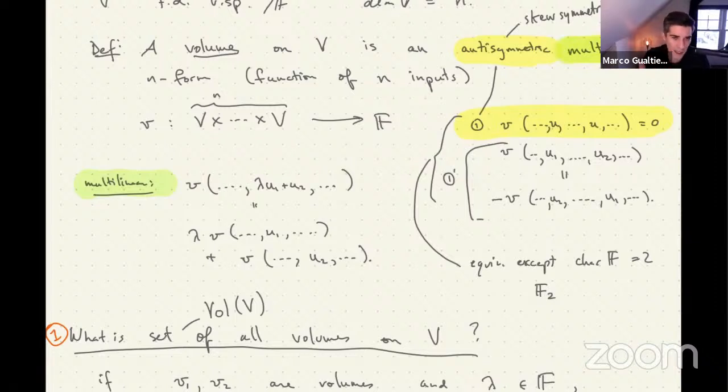This seems like a complicated piece of information, right? It's a function of n variables, each of which is an n-dimensional space. So that's a function of n quantities, each of which is an n-dimensional vector. So it seems like it's a function with many, many, many components. But in fact, if you just know a single value of the function, let's say on a basis, that will determine the function.